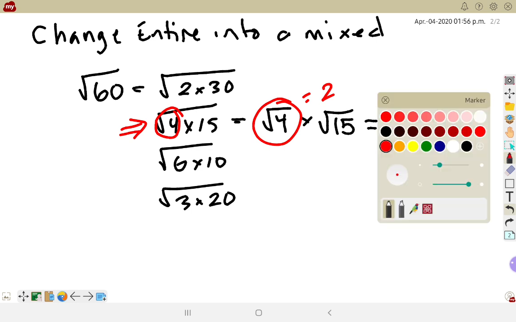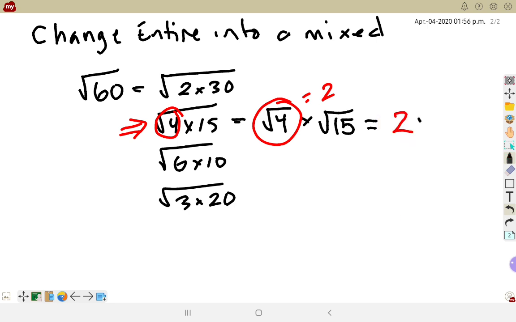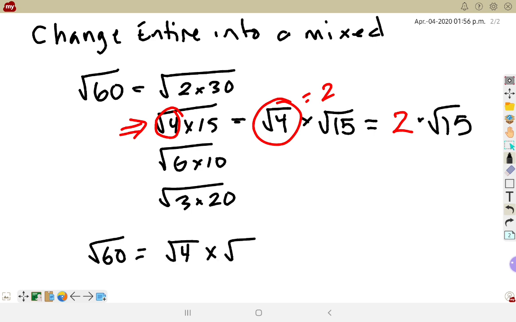Now I'm still multiplying by that square root of 15, okay? But now I've brought a number in front, so I have a coefficient of that radical, okay? So what we're doing is we're taking the square root of 60, and I'm rewriting it as the square root of 4 times the square root of 15, and that's going to give me 2 times the square root of 15.